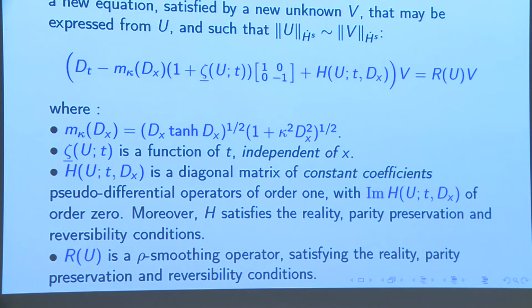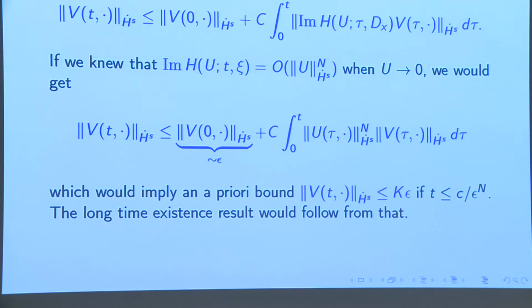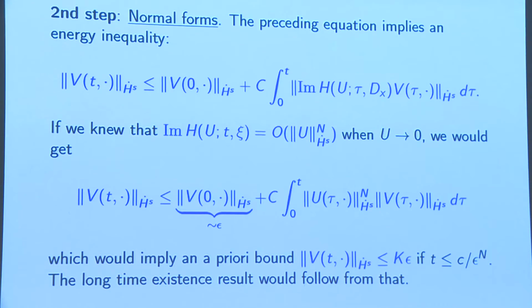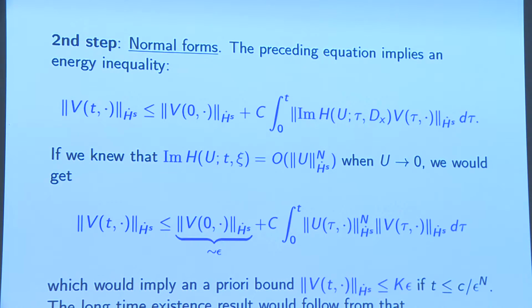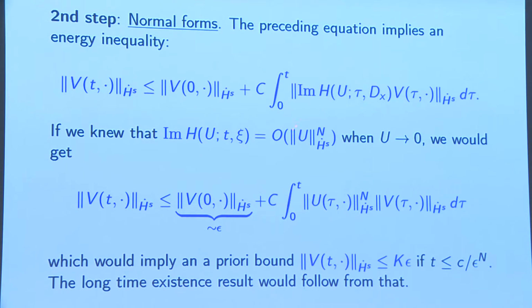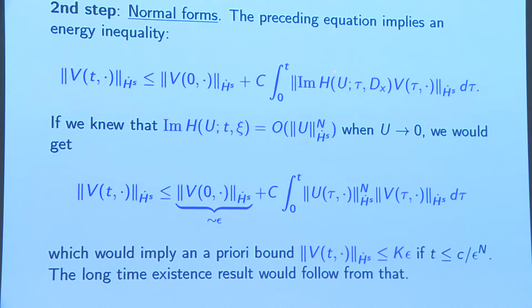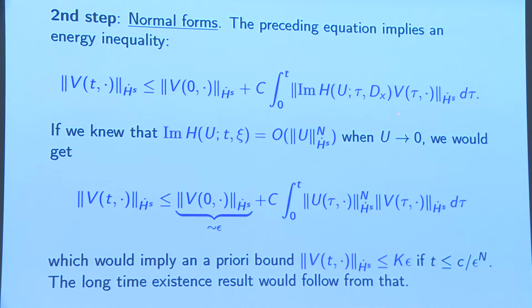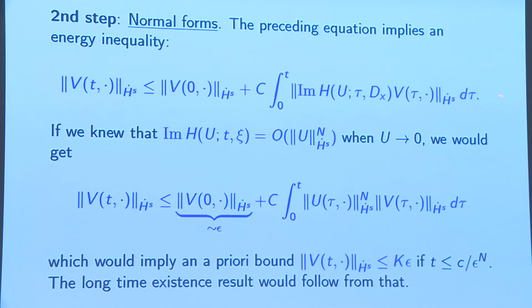So in other words, if you write on the preceding equation a very basic energy estimate, you get that the Sobolev norm of the solution at time t is bounded by the Sobolev norm at time 0, plus a constant times the integral from 0 to t of the operator imaginary part of h of u(tau), dx, acting on v at time tau in H^s, d tau.